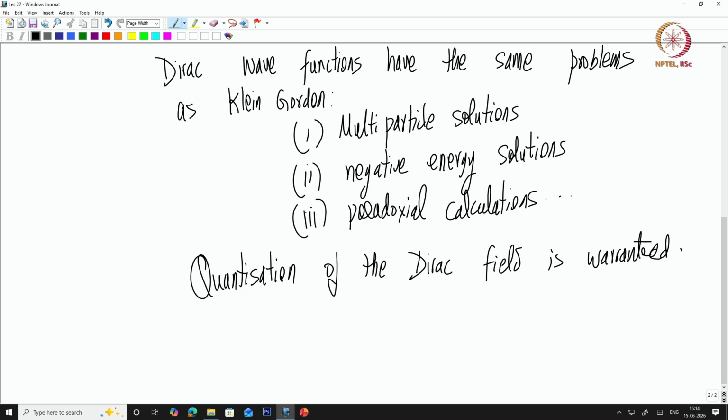Now we would like to quantize the Dirac field exactly in the same way as we have quantized the Klein-Gordon field. Now the question is, can we quantize the Dirac field exactly in the same way as we quantize the Klein-Gordon field?